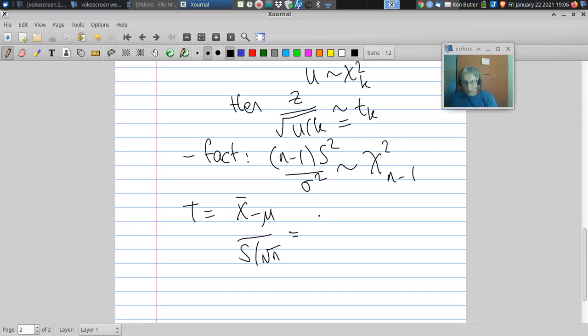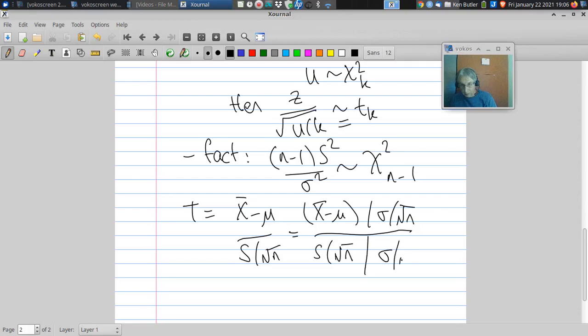So what we're going to do is divide top and bottom by sigma over root n. If we divide top and bottom by that, then we haven't done anything to this ratio.